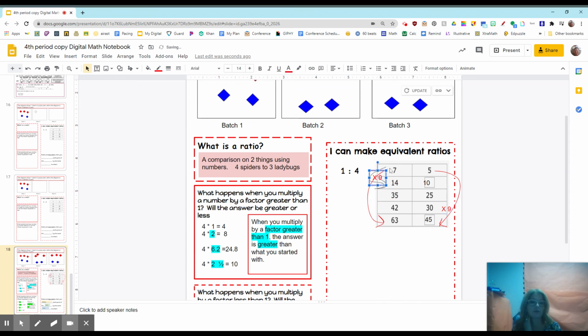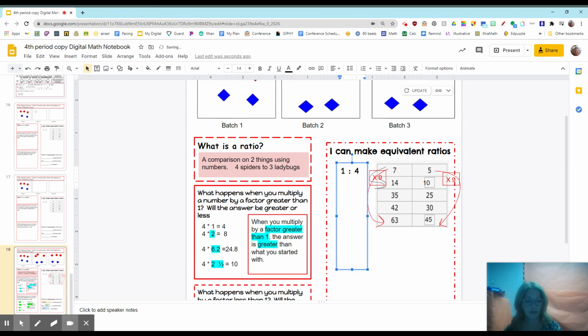So you know you're saying, well, 7 times 9 is going to give me 63. So 5 times 9 is going to give me the 45. Then you need to make your own equivalent fractions right here. I will make a couple for you. I'd like you to make the rest.